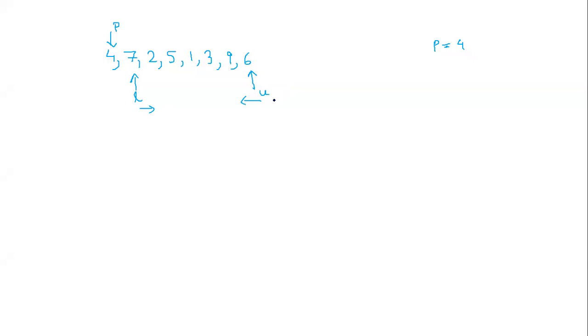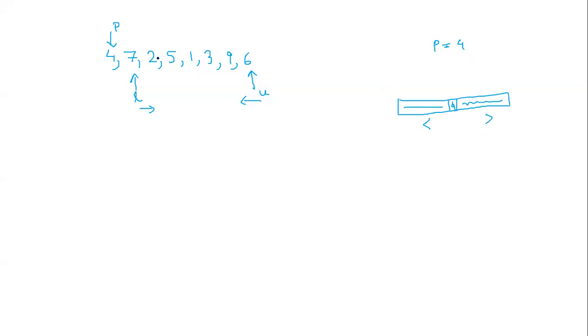If I want to arrange the array in increasing order, then when I get the actual position of the pivot element, that is 4, all the data present on this side should be lesser than 4 and all the data over here should be greater than 4.